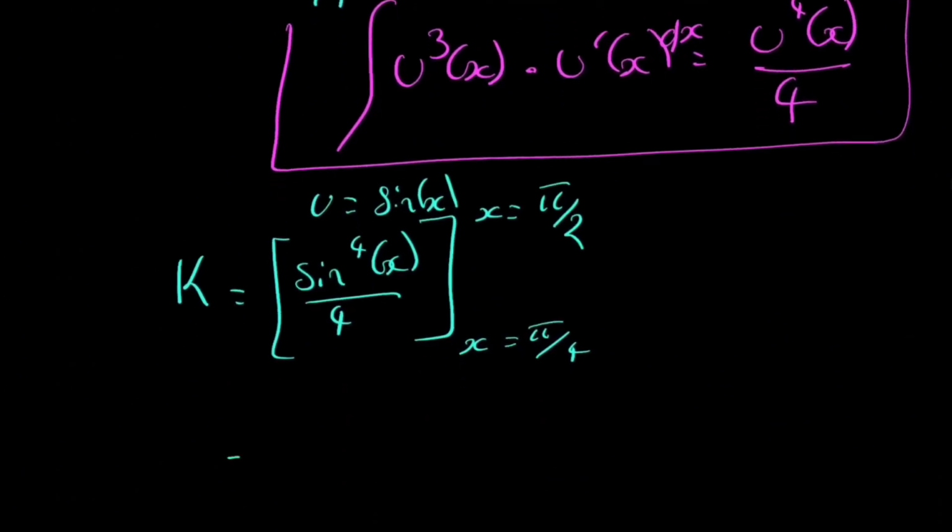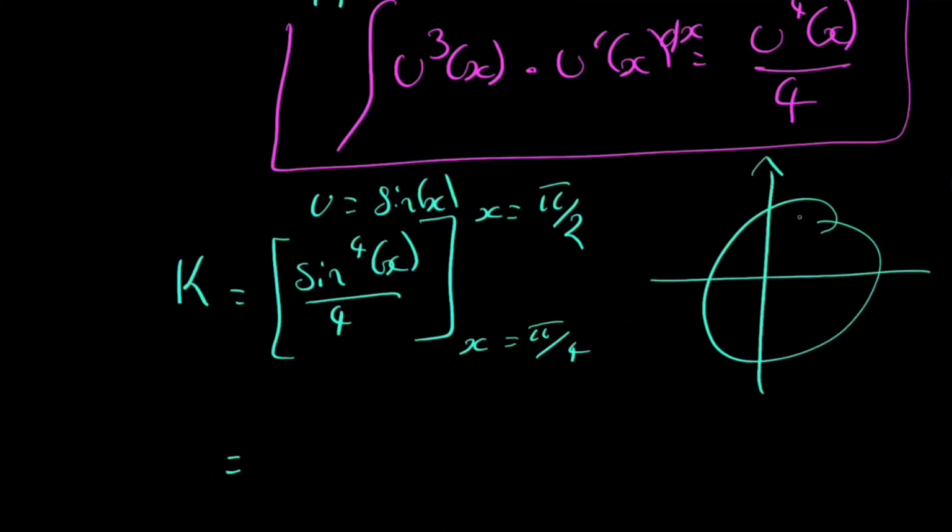So sine of pi over 2: let's remember, this is our trigonometric circle, this is pi over 2. So the sine is equal to 1.